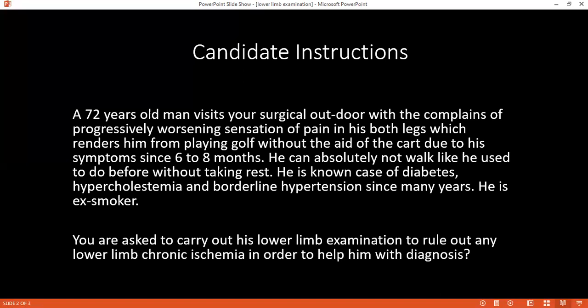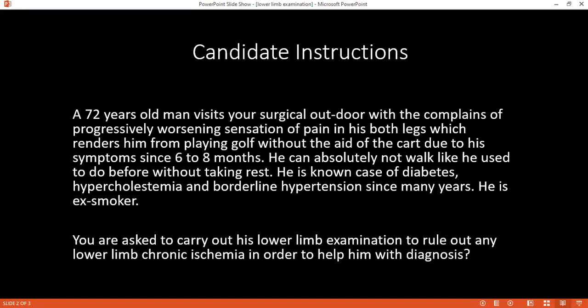How would you determine if the patient has critical limb ischemia? Yes, critical limb ischemia is when the ankle brachial pressure index is less than 0.4 and there is severe rest pain, and or if there is already gangrene of the toes or foot.